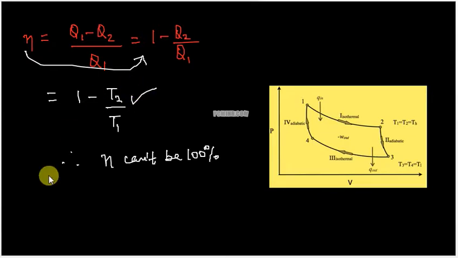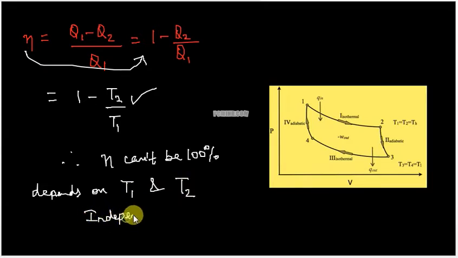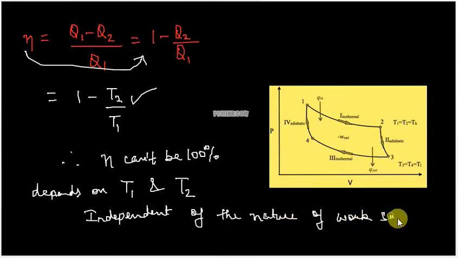So efficiency depends on the temperature of the source T1 and temperature of the sink T2, but it is independent of the nature of the working substance. So I hope you understood the complete working of a Carnot engine in terms of its 4 steps which it goes through in every cycle.